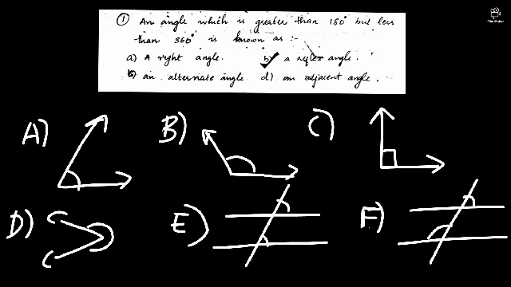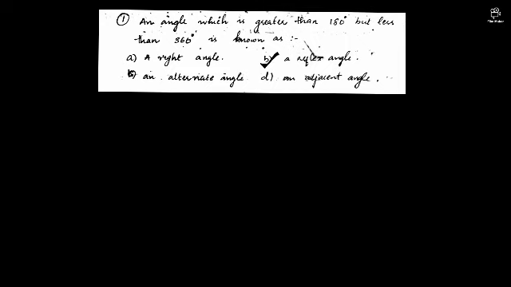And then F is alternate angles. So this question asks for an angle measure which is greater than 180 degrees but less than 360 degrees. So this is a reflex angle. So the answer is option B.